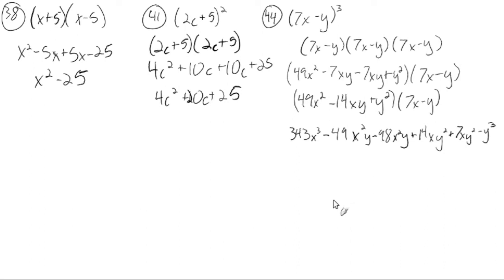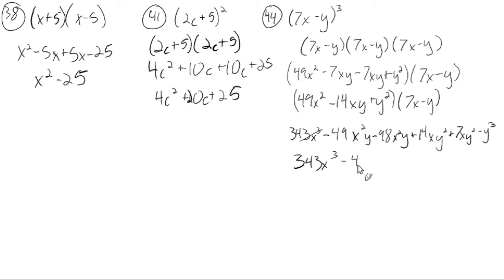Alright, and now let's look. I don't think we'll have like terms, maybe. Oh, okay, no, we do, right here. These 2 are like terms, these 2 are like terms. So let's do that. 343x to the third. Okay, that's taken care of. And so how this works, the order that we write this in usually is we'll go in descending order of the powers of x, and then y will just kind of tag along. So next, x squared is the next one in line, so we'll use that.